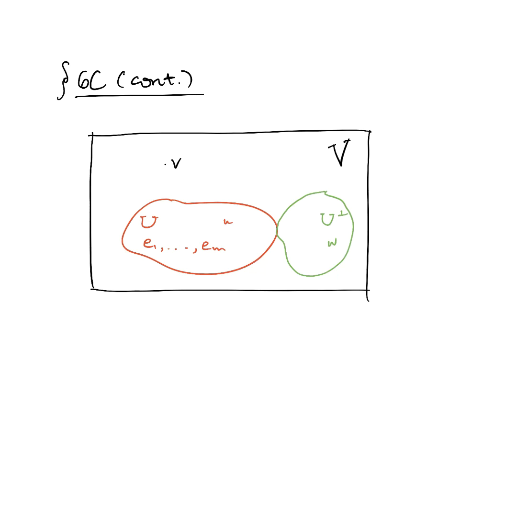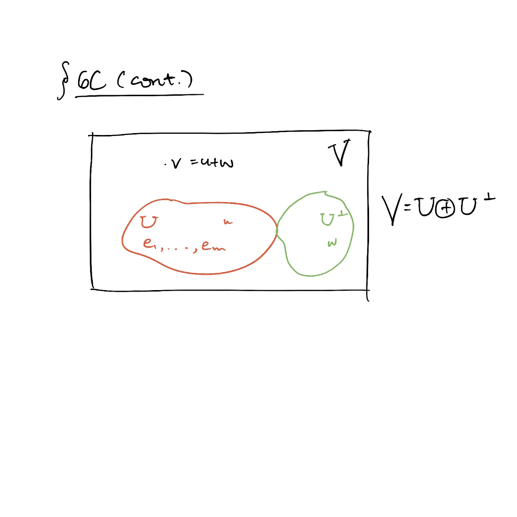So it's always possible to express V as U plus W, where U comes from the red and W comes from the green. So that means that V is the direct sum of U with U perp.